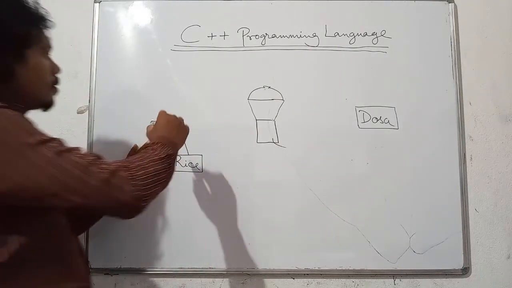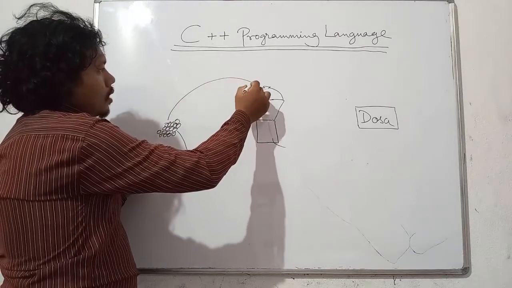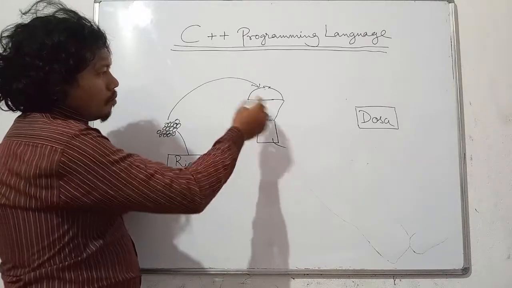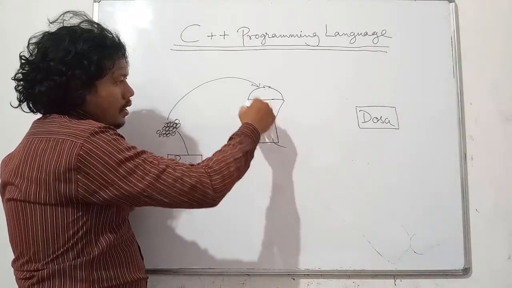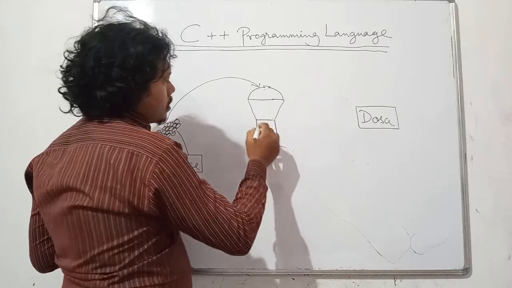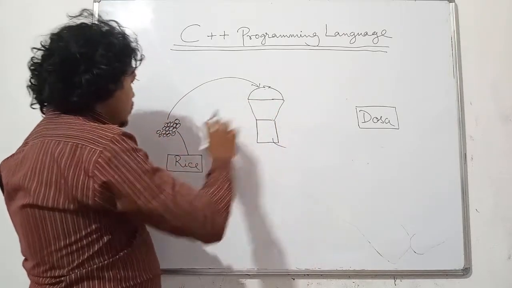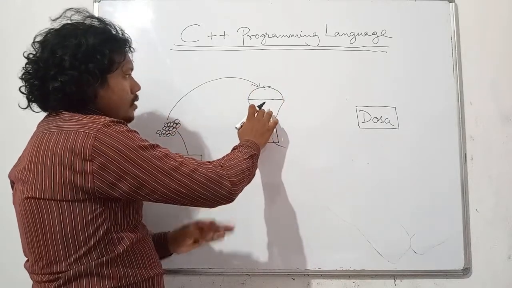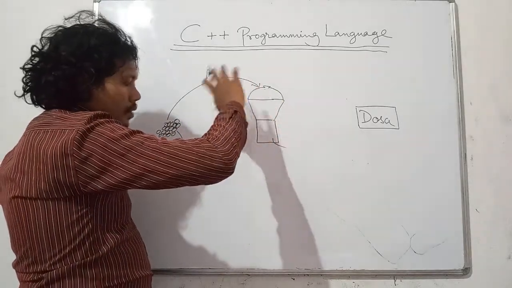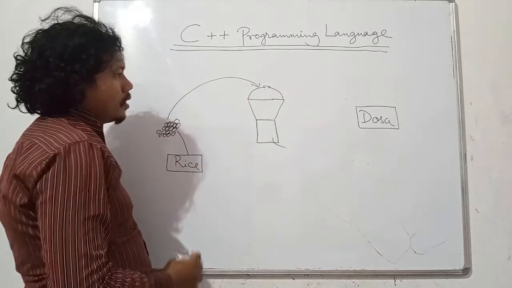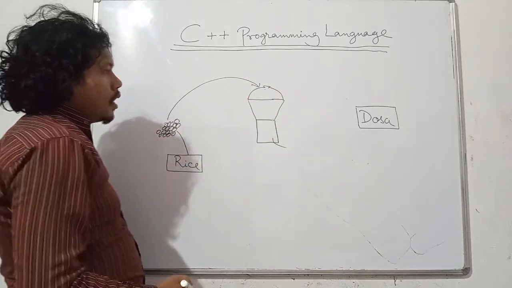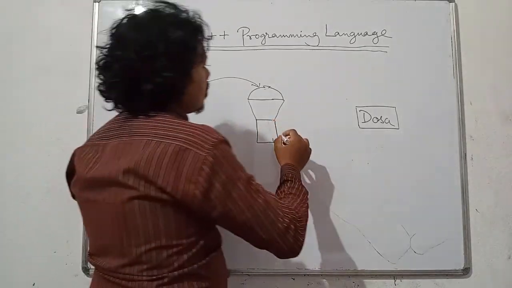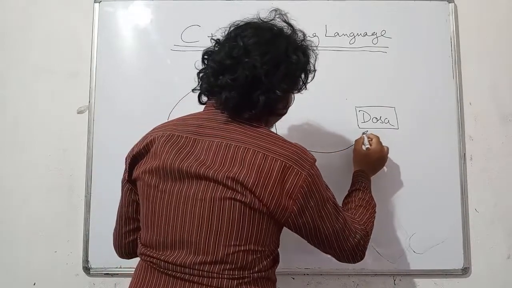This rice you will put into the mixi and the process takes place inside the mixi. The rice goes inside the mixi and the mixi will grind it, and after grinding only you can make dosa.